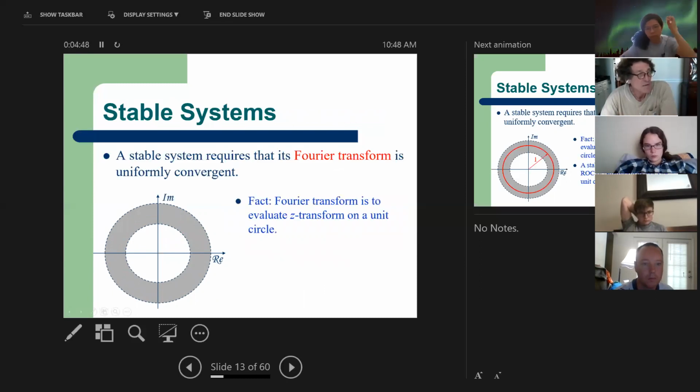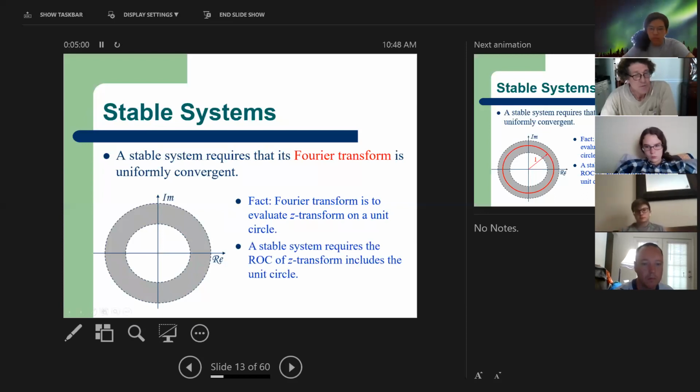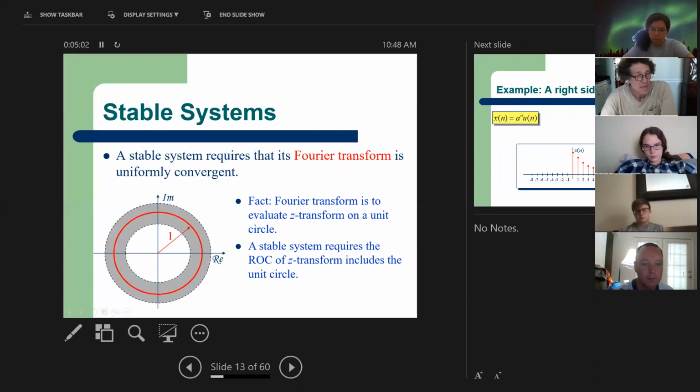I'm trying to get down to the fact that the Fourier transform is the DTFT, evaluated at z on the unit circle. And for a stable system, this is what I'm getting at, a stable system requires the region of convergence to include the unit circle. You see this is 1 here? It has to include that or it's not stable.